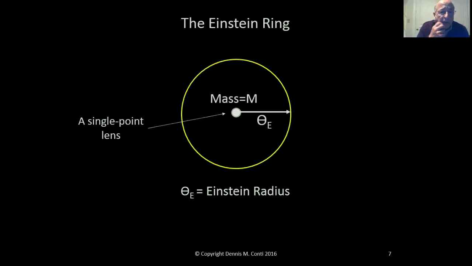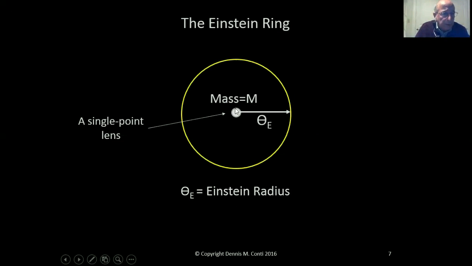So I mentioned earlier the Einstein ring. What the Einstein ring is: if I have a mass of size M, and let's say in this example we have a single point, that is to say a single star, we don't have a planet and a star, we don't have multiple stars.